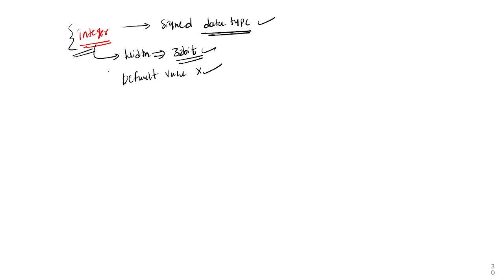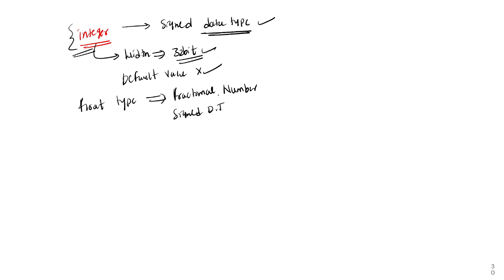Next, you have the real data type or float data type. Float data type is used in order to store decimal numbers, fractional numbers. This is a signed data type.